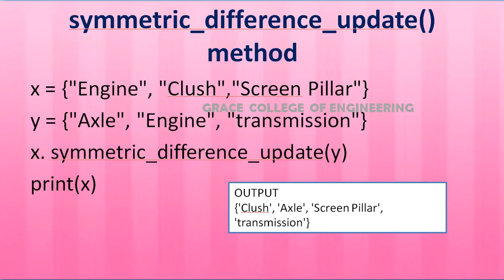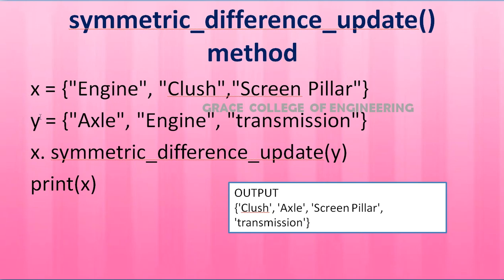Next one, the symmetric_difference_update method. This method keeps all but not the duplicates. This method keeps only the elements that are not present in both the sets. So you can see the program. x is equal to engine, clutch, screen pillar. These are all multiple items stored in the x variable.